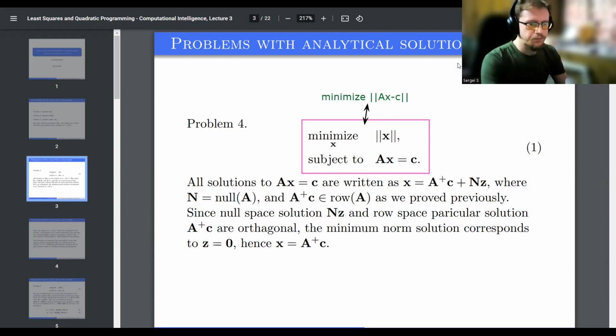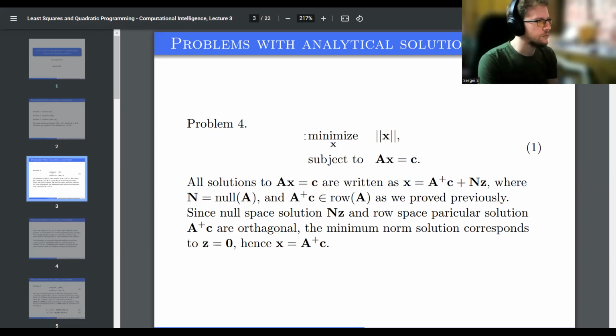Any questions so far? Z equals 0 only when A is full rank? If A is full rank, this problem would have only a single solution.